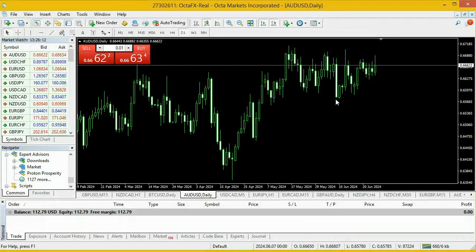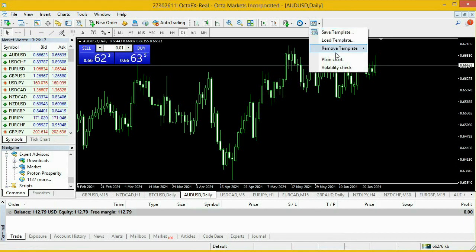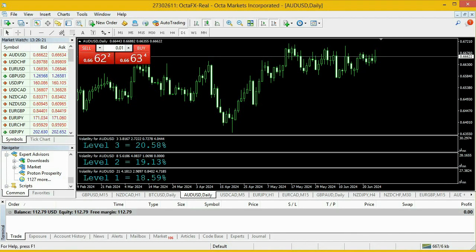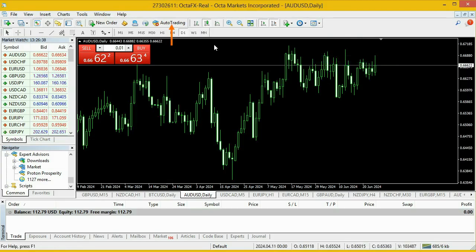Moving forward. Our next trade is on the Australian dollar and US dollar currency pair. This time the sequence is correct. We need to enable automated trading.